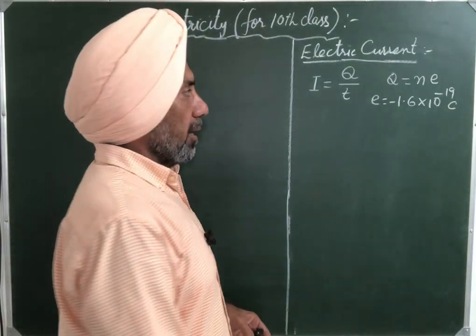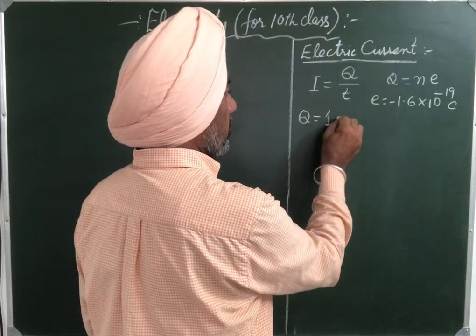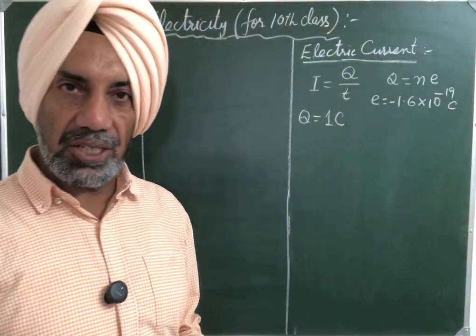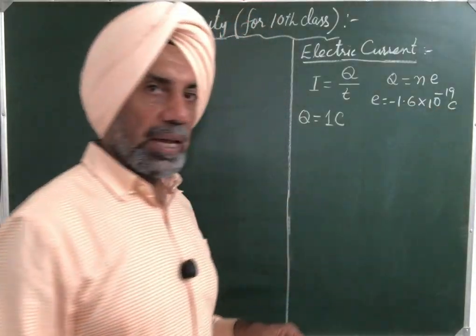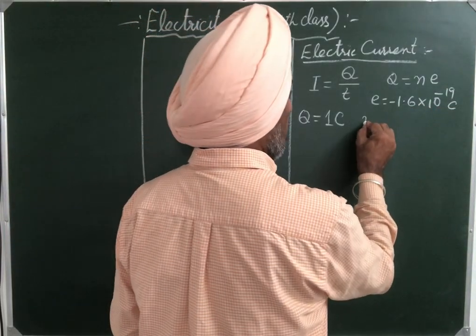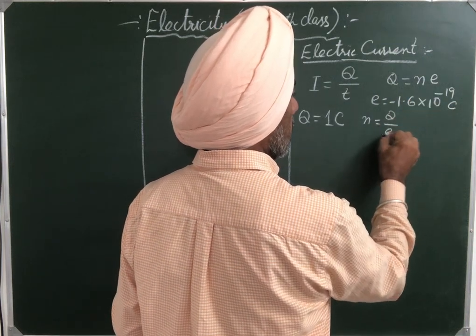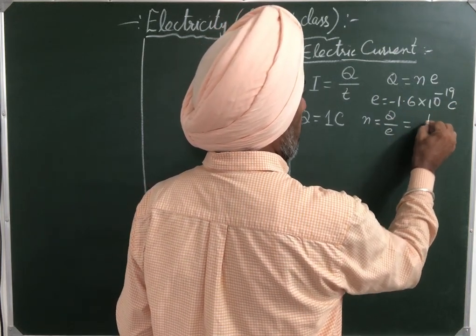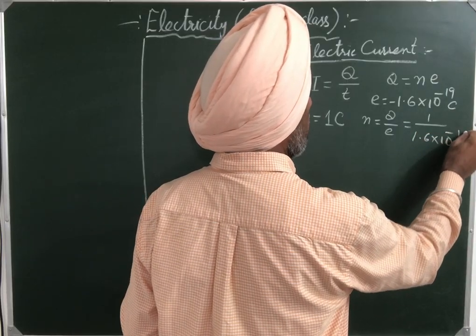So, if Q is equal to 1 coulomb, the unit of charge in the SI system, and E is equal to 1.6 into 10 raised to minus 19 coulomb, then N will be equal to Q upon E, that is 1 upon 1.6 into 10 raised to minus 19.